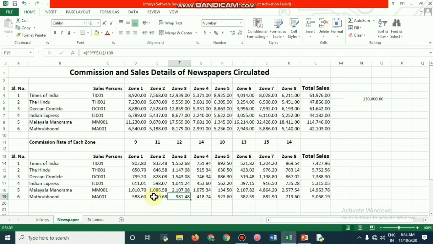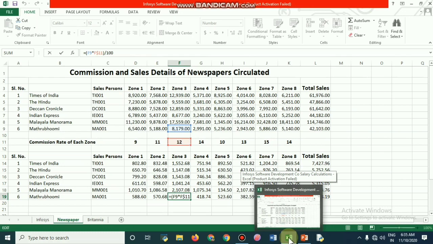And in this calculation, when the change appears linearly or in the horizontal cells alone, look here, the dollar sign is given in front of the 11, or in the 11th row only. So even though there is a change, the change occurs here alone. So that is known as mixed cell referencing.